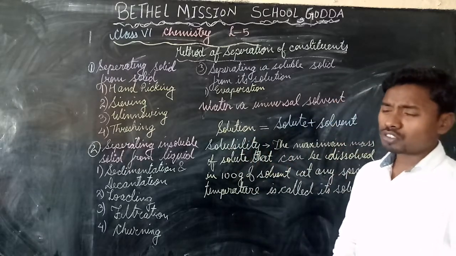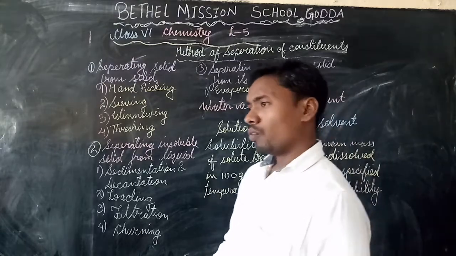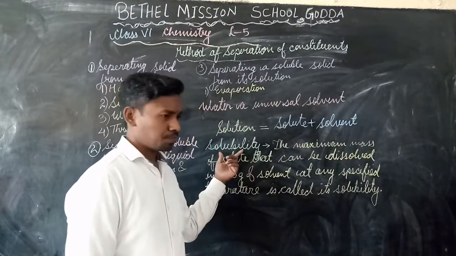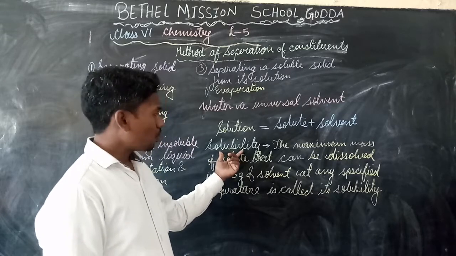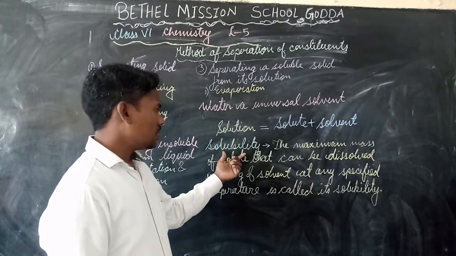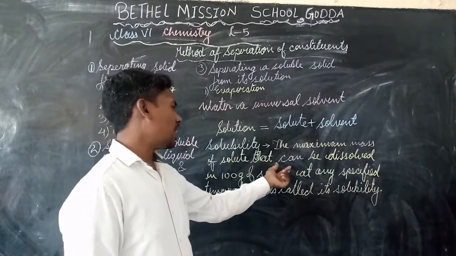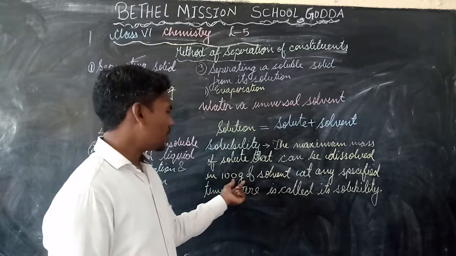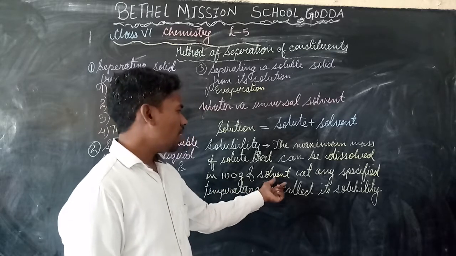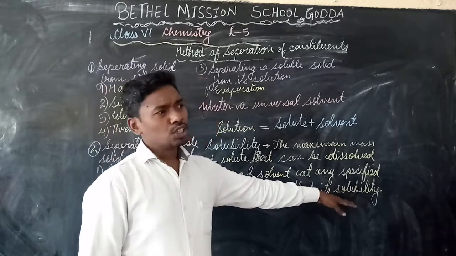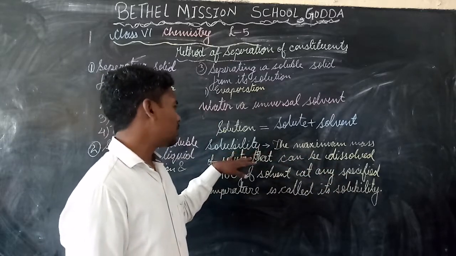When we talk of solution, we also talk about solubility. So what is solubility? The maximum mass of the solute that can be dissolved in 100 grams of solvent at any specified temperature is called its solubility. Is solubility a characteristic of the solute or of the solvent?